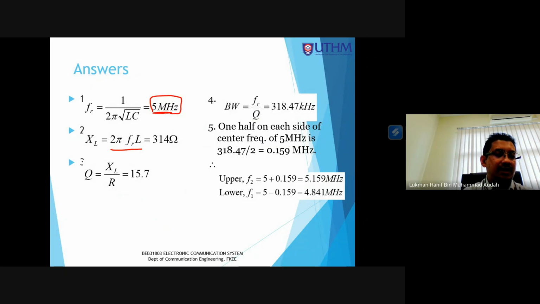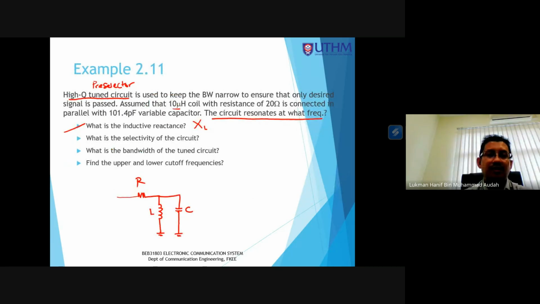So 5 mega multiplied with 2 pi multiplied with the inductance, which is 10 micro.